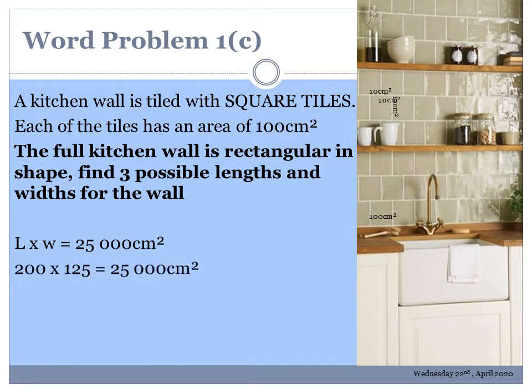Our length 200 and our width 125. If we multiply these 2 numbers, it will give us 25,000 centimeters square. So the kitchen can be tiled in such a way that the length will be 200 centimeters and the width will be 125 centimeters. That's one option. Let's see another one.